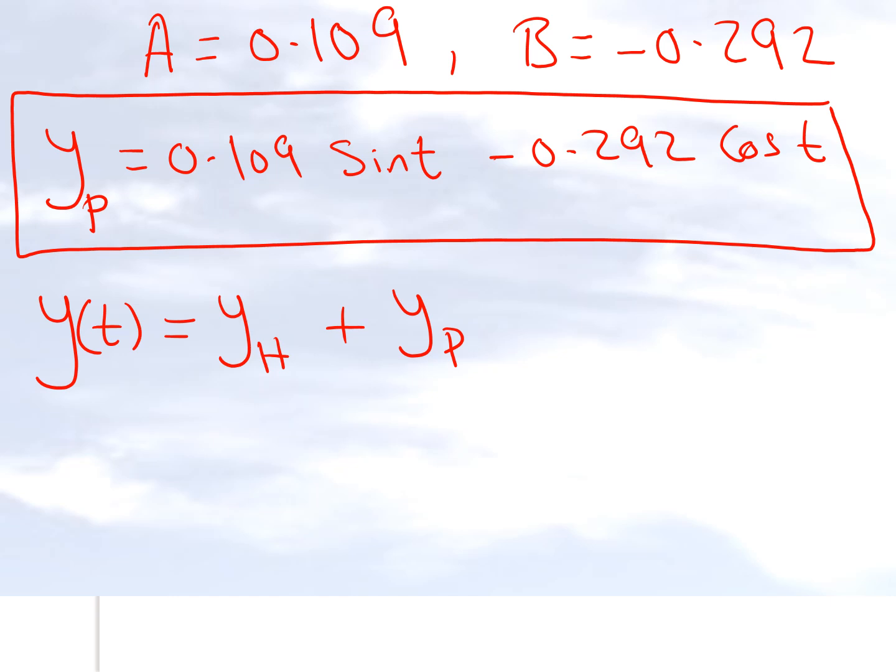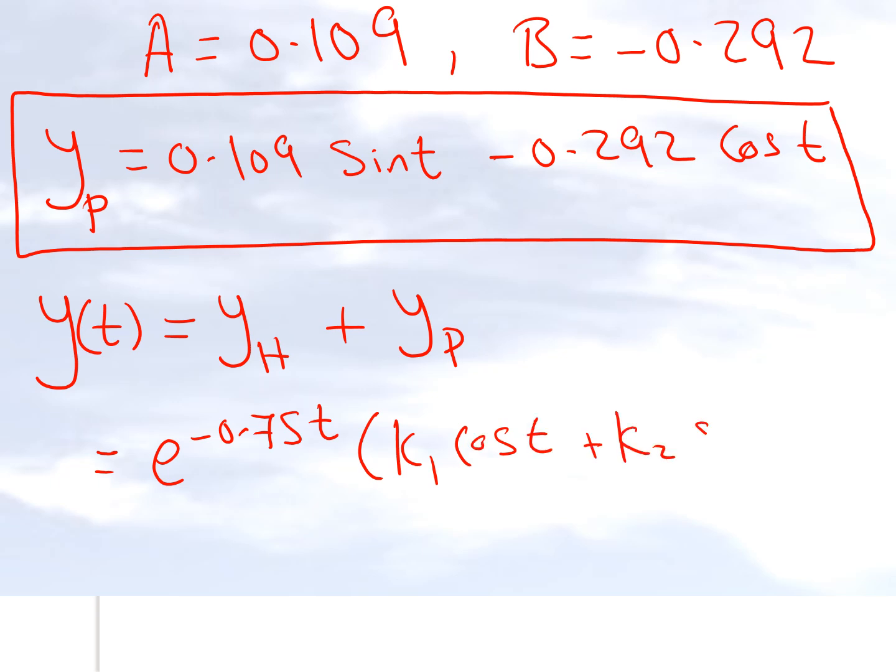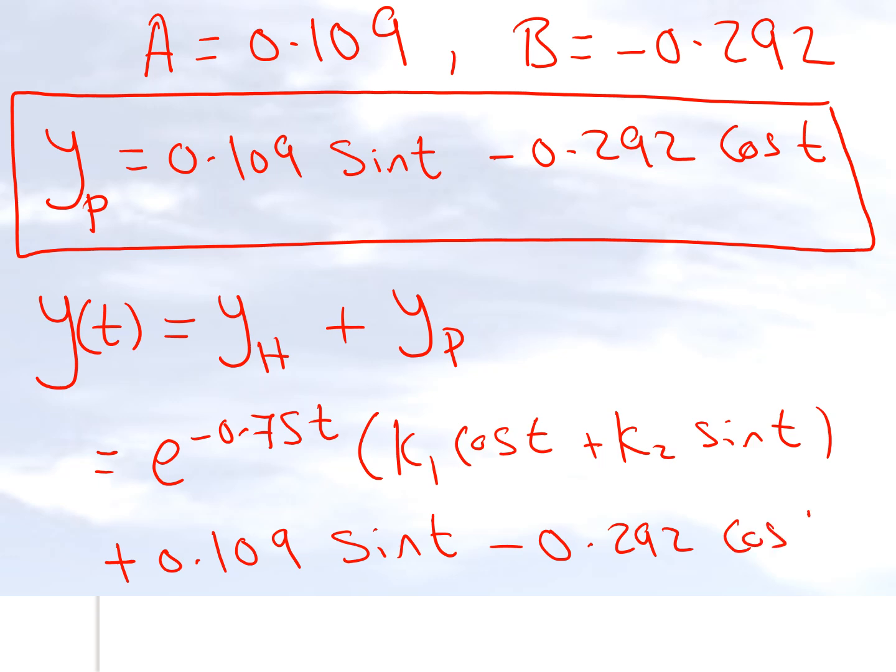So this is equal to e to the minus 0.75t times (k1 cosine t plus k2 sine t), this is the homogeneous part, plus 0.109 sine t minus 0.292 cosine t.